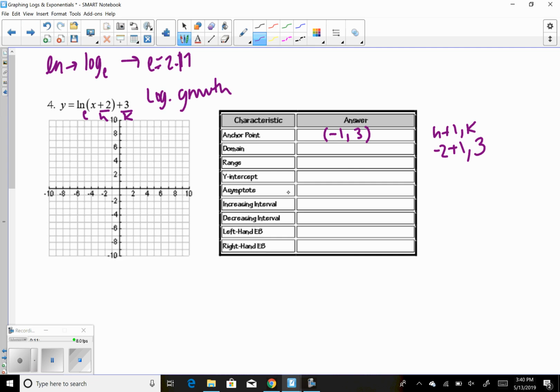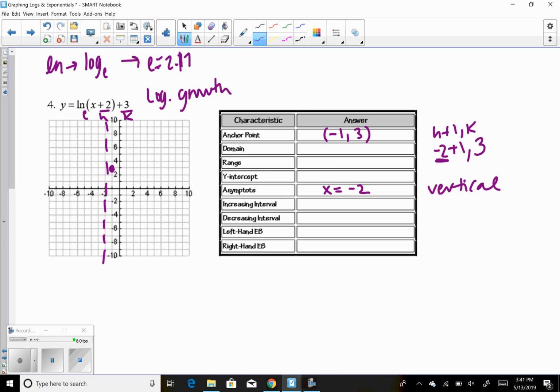And your asymptote this time is vertical because it's a logarithm, and it goes with h. So your asymptote's x equals negative 2. So negative 2 gets a vertical line. Your anchor point is negative 1, 3, which is here.